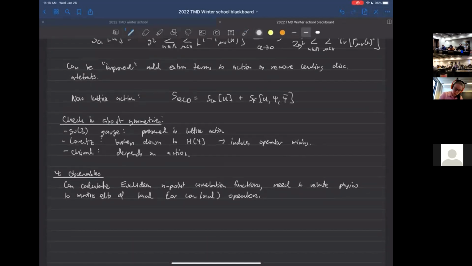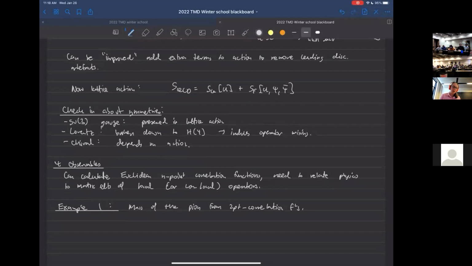Okay, so let's look at probably the simplest example. Let's think about the mass of something, the mass of the pion. And we can calculate that from 2-point correlation functions. So let's think about a hadron 2-point correlator. And we're going to look at two ways of writing it.